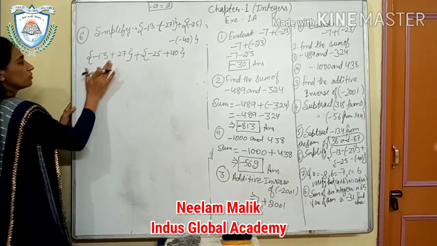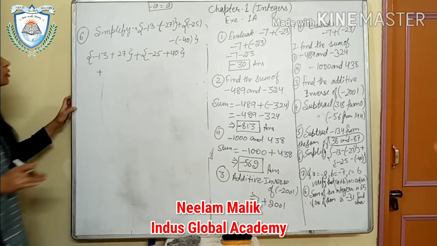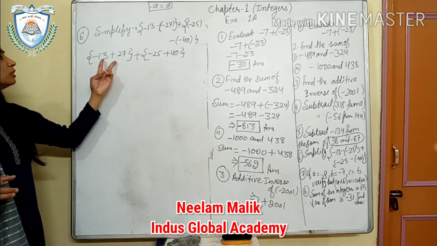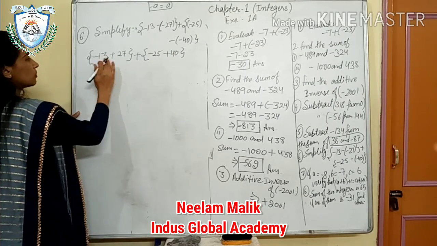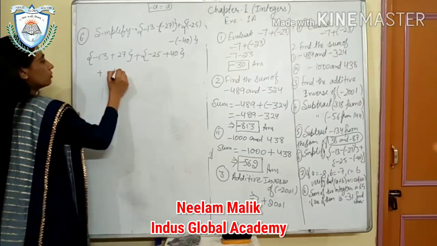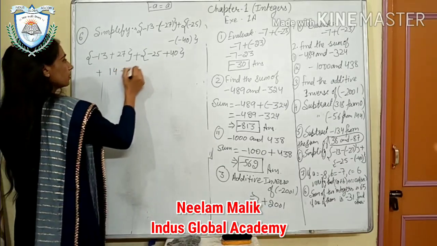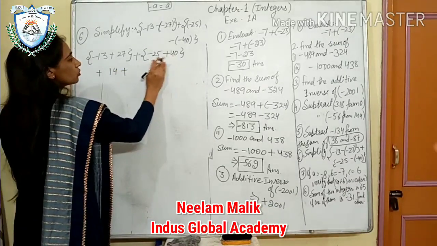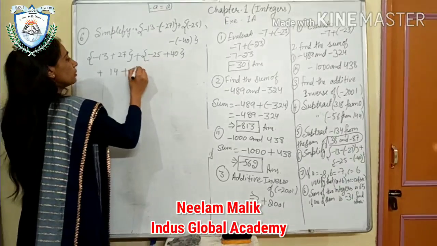So what will you get here? You will get a positive number because when the signs are different, you take their difference and the sign of the greater number. So 30 you will subtract from 27, and it will be 14. Now the plus sign. Here also the positive number is greater, so your answer will be positive.